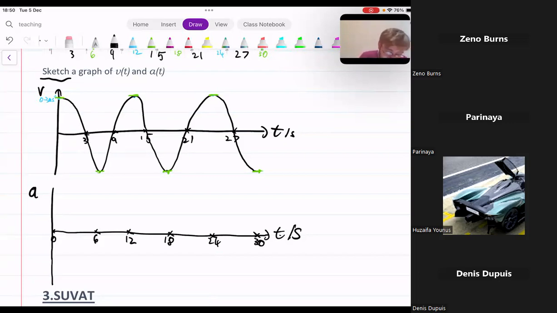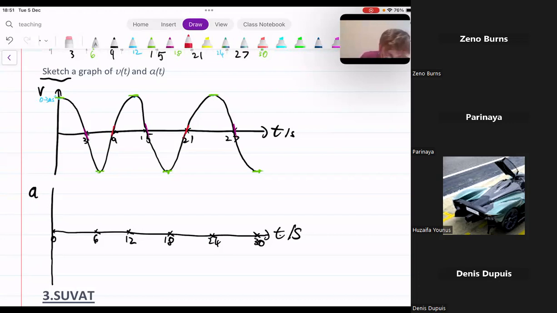And then also, when is acceleration a maximum? That happens when the graph is steepest. And that happens at 9 and 21. And when is acceleration the greatest, but in the negative direction? That happens when the graph is steepest, but going down. So that happens at 3, at 15, and at 27.